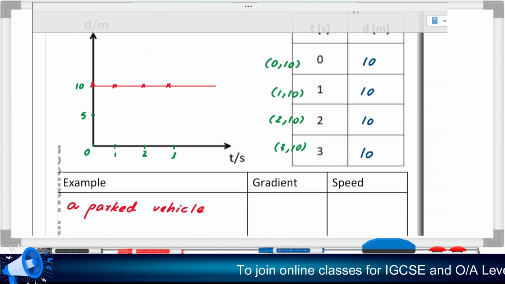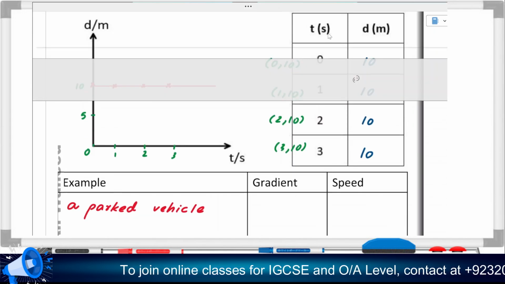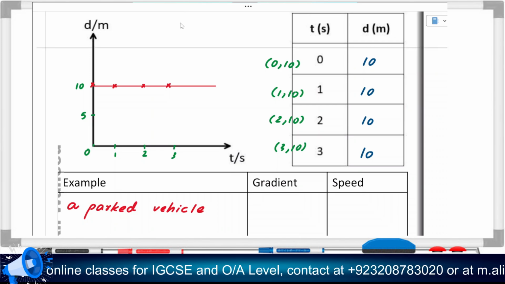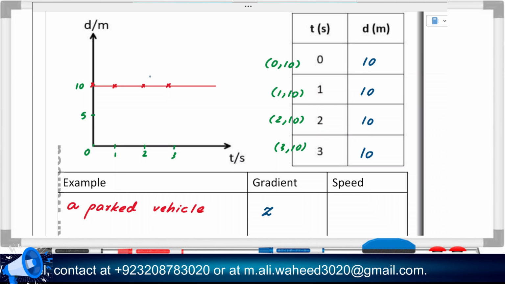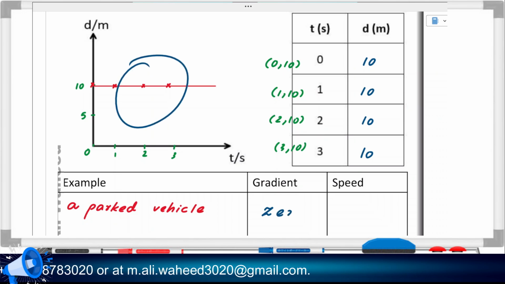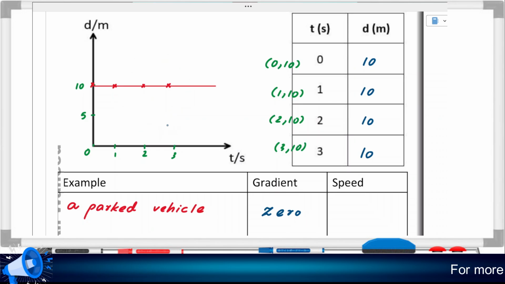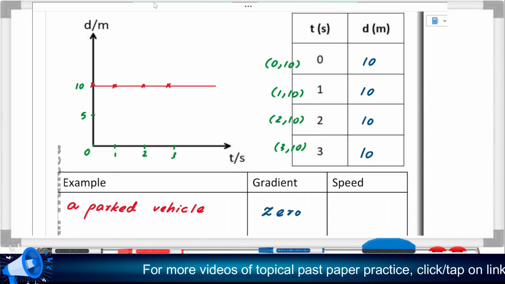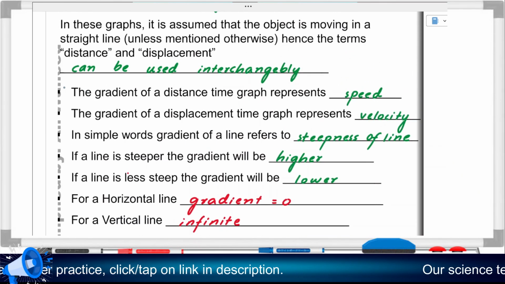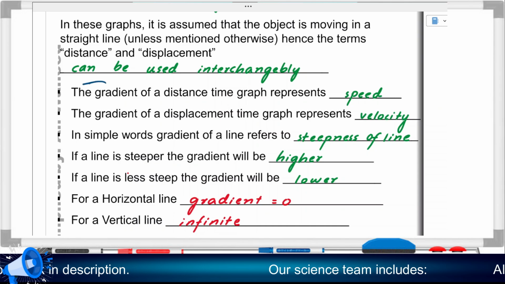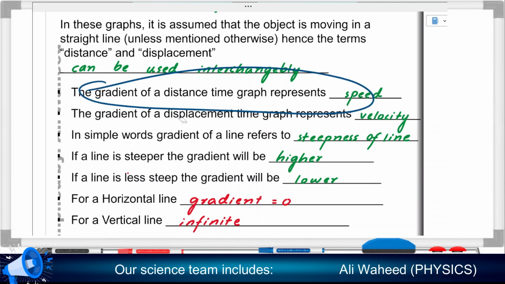Let's comment on the gradient. So what is the gradient of this red line? Should that be 0? Because it's just a horizontal line, so the gradient should be 0. And if the gradient is 0, and I'm going to scroll up to the important point, the gradient of a distance time graph represents speed.